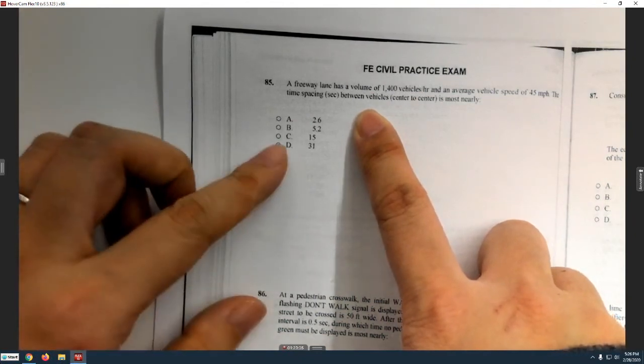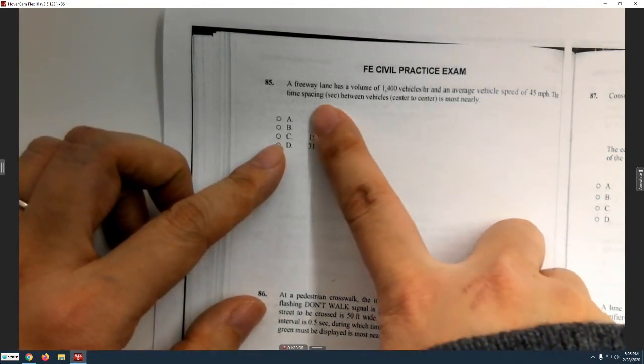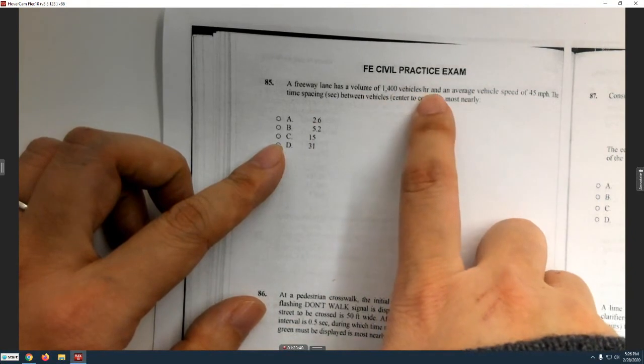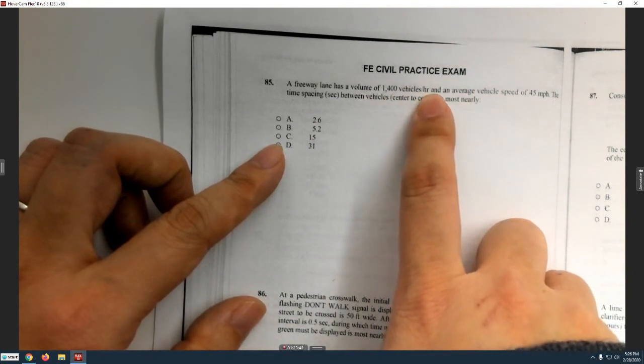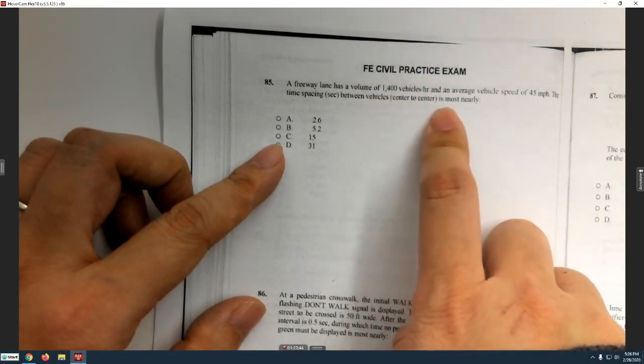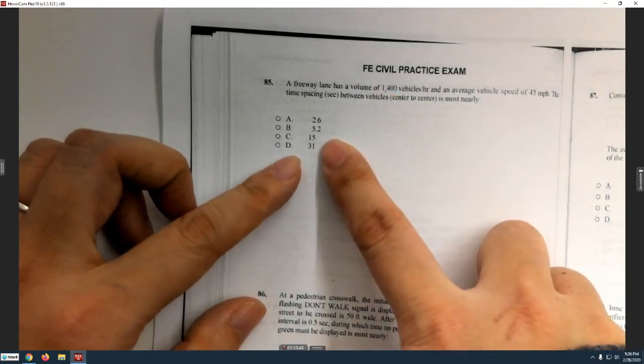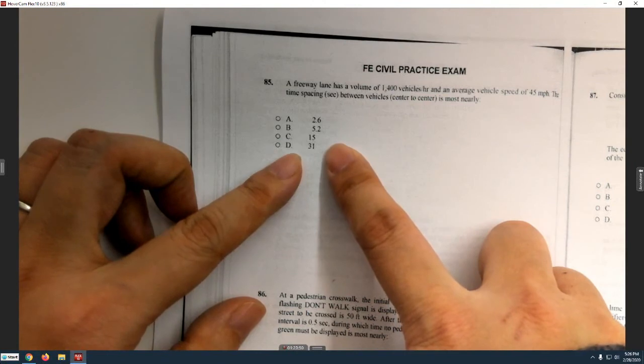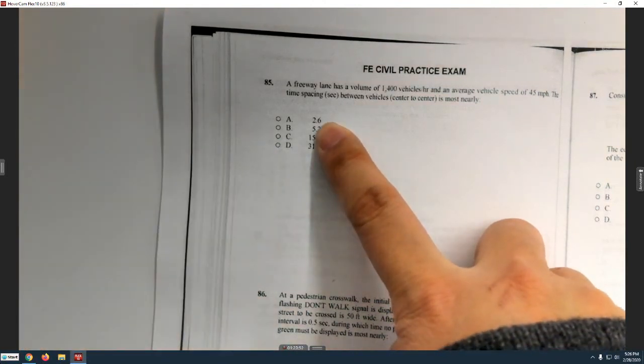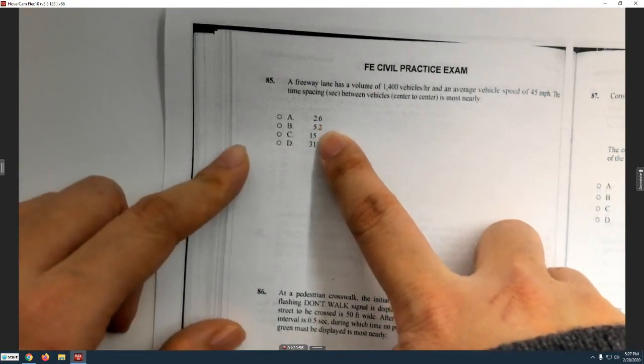Just pay attention to the unit though. It asks for seconds, but this volume is given per hour. So it's 3,600 seconds divided by 1,400. The answer is 2.57, or you can interpret it as about every 2.6 seconds there will be one vehicle. That's the interpretation of time spacing.